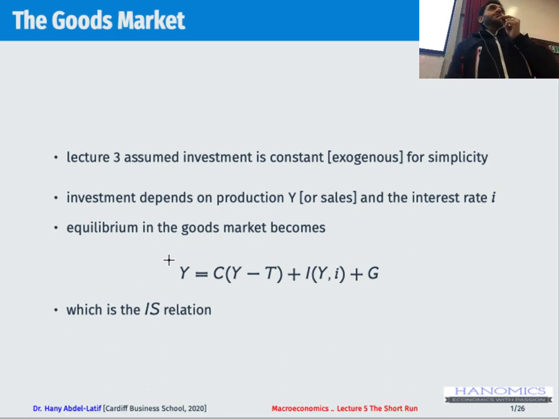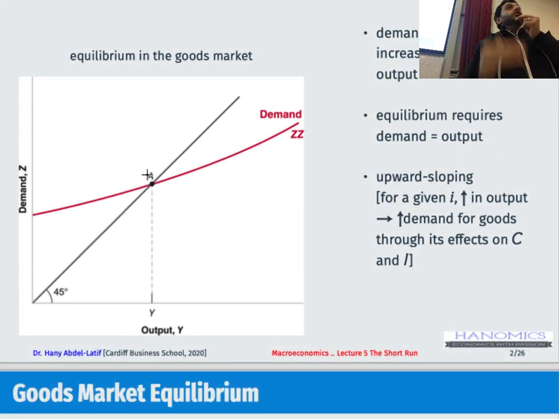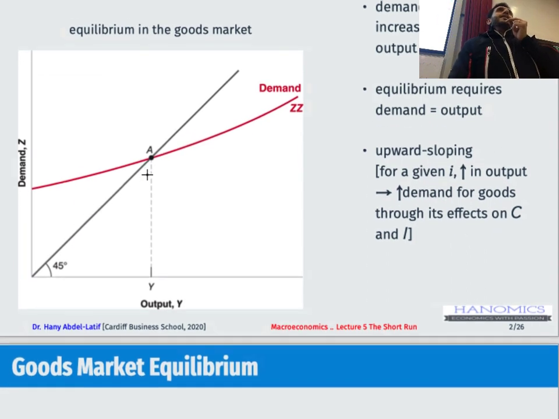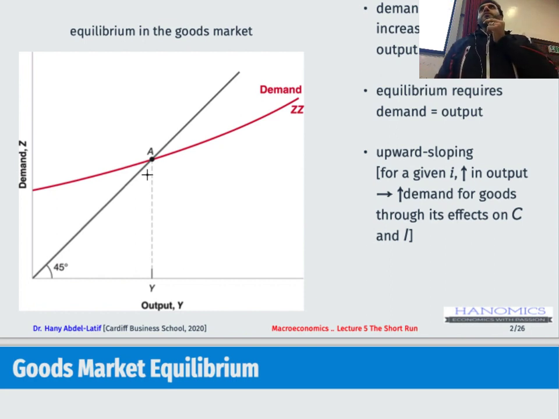So a higher interest rate, what does that mean for investment? Would investors invest more or less? They will invest less, so investment will fall. If investment drops, the aggregate demand curve, this one, will shift downward. I'll say that again because this is very important to how we derive the IS. If you don't understand this, then the IS curve is not going to make any sense to you.